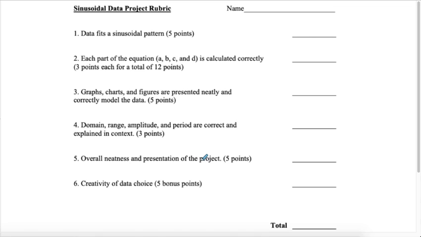Then presentation of the product is 5 points. And then, like I mentioned, you could get up to 5 bonus points for your creativity of data choice. So you could get 30 out of 30 if you choose one of those 3 types of data I outlined in the beginning, but you could get up to 35 out of 30 if you give me some creative data. All right, so we'll work on this for a couple of days in class.